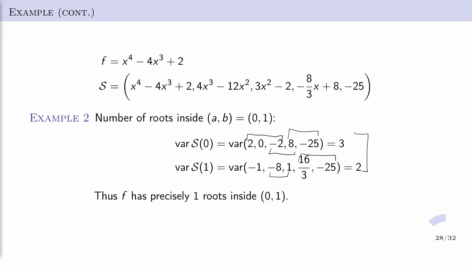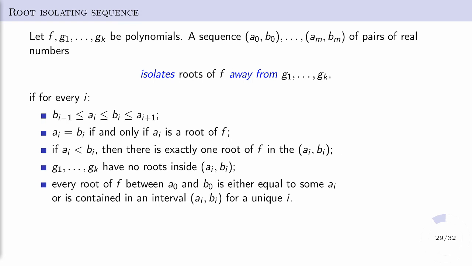Now when we have a Sturm theorem, we can use it to isolate real roots of a polynomial. So assume that we have a polynomial f and some auxiliary polynomials g1 to gk.